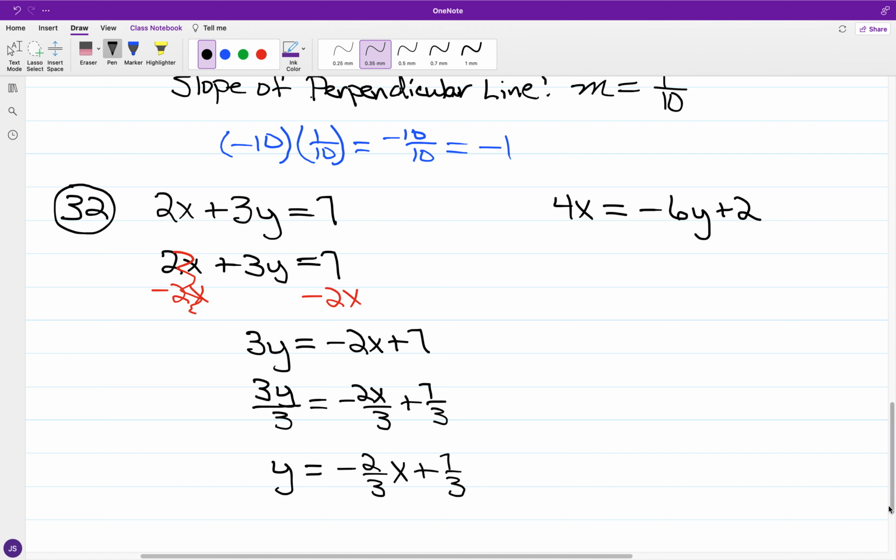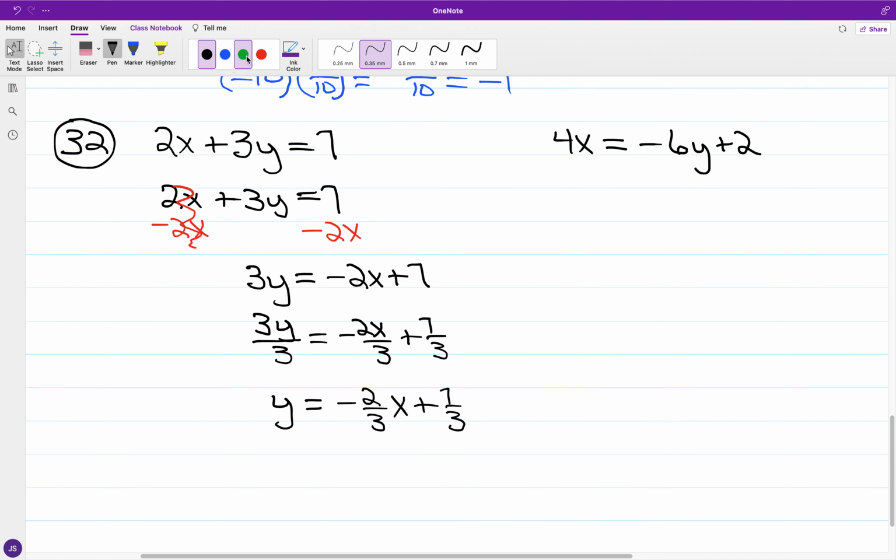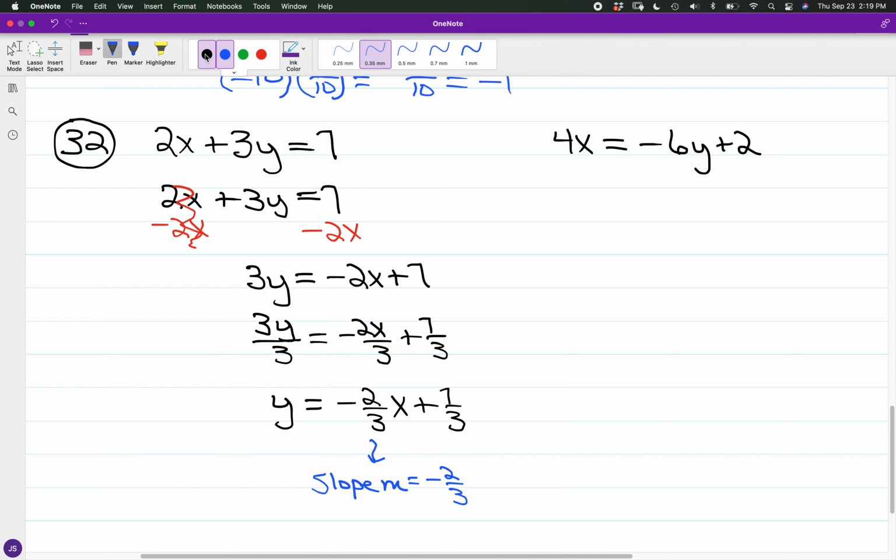All right, so for the x term coefficient, that is going to be the slope for the first line. And for the second line, you have 4x is equal to negative 6y plus 2.